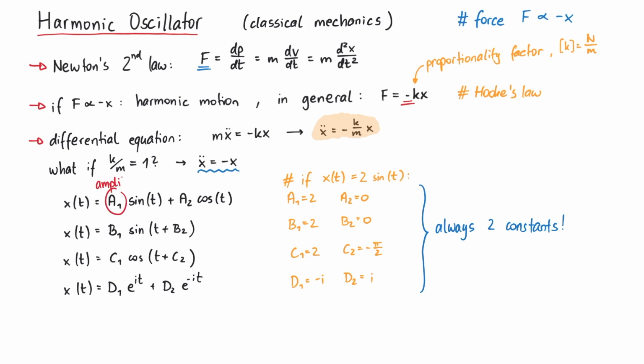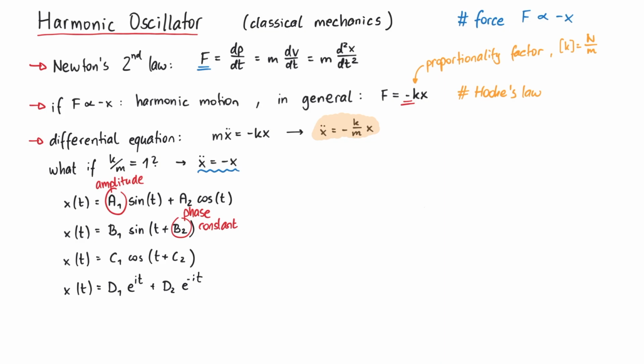For instance, the constants in front of the functions determine the amplitude of the oscillation, whereas the constants inside the function determine the initial phase angles and are called phase constants. These constants a, b, c, d can be determined by initial conditions of the differential equation. But without knowing such boundary conditions, we basically found our solution.